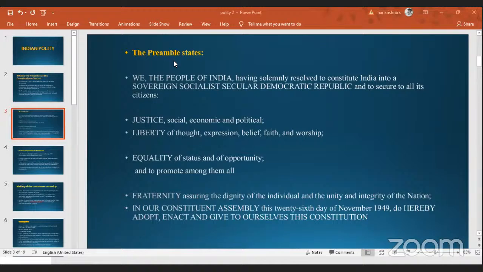Second, it declares India to be a socialist, secular, democratic republic.